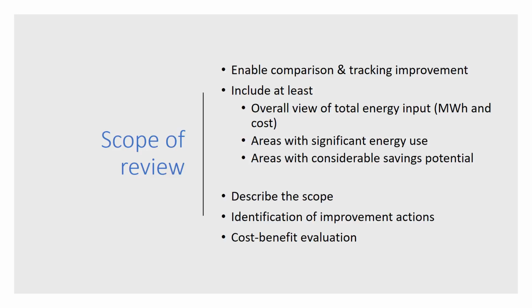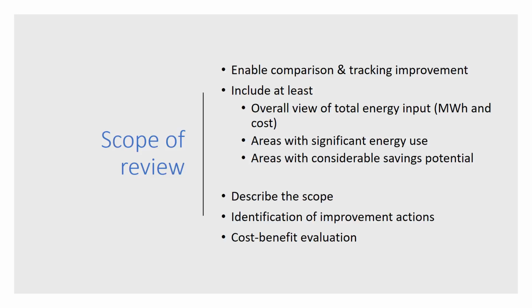Is this not the same, you might think? Well, it could be, but it doesn't have to. For example, a company may have invested heavily recently in some production equipment and opted for top-of-the-line equipment in terms of energy efficiency. Then this equipment may be the largest consumer of energy, but not necessarily the area where you find the largest improvement potential.